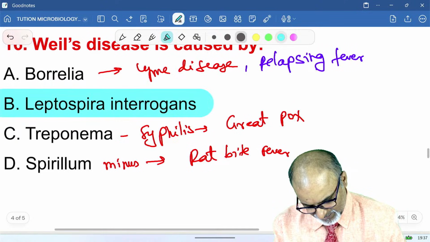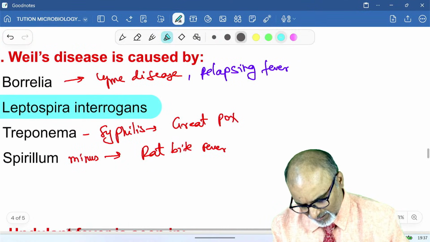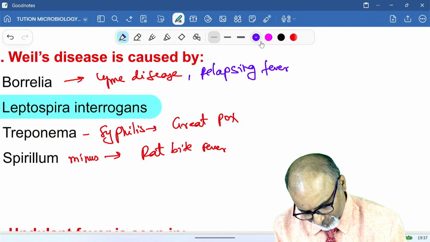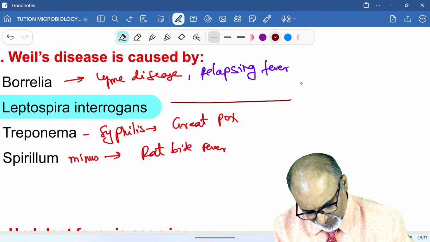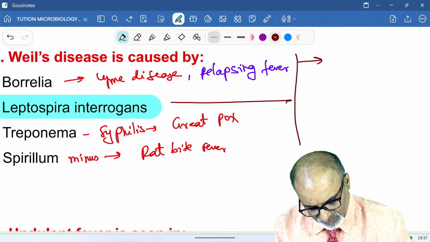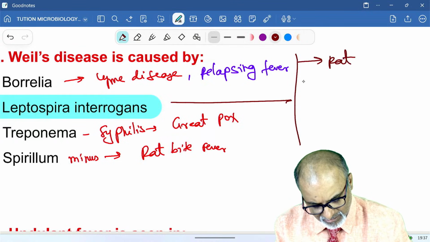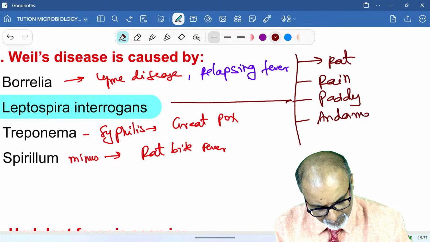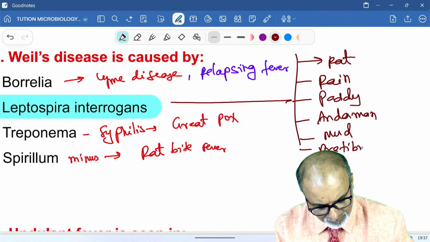Weil's disease, what is the other name? It is leptospirosis. It has many other names. A big list of names. Rat fever, rain fever, paddy fever, Andaman fever, mud fever, pre-tibial fever, swamp fever.